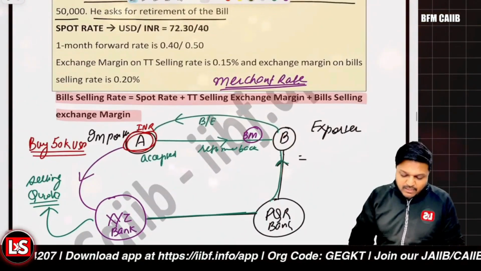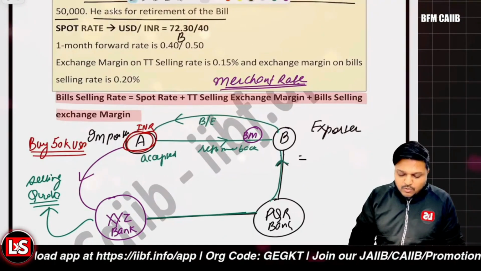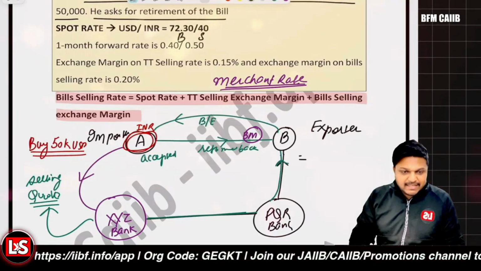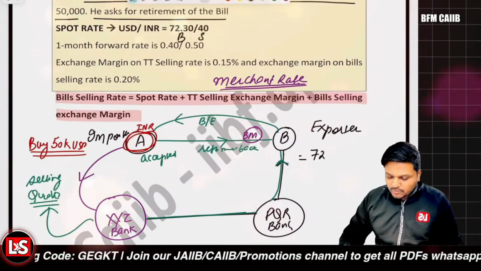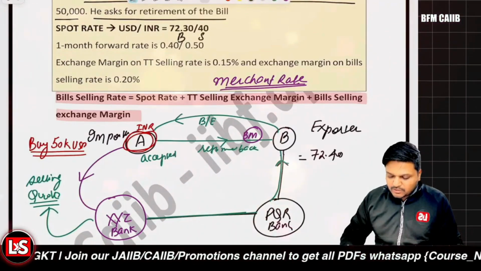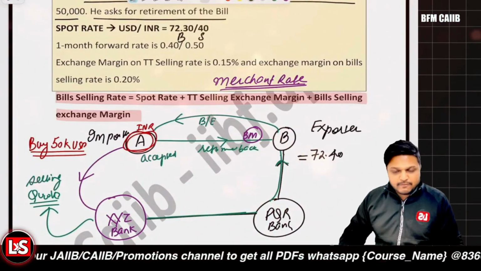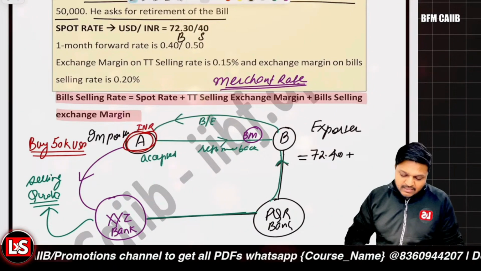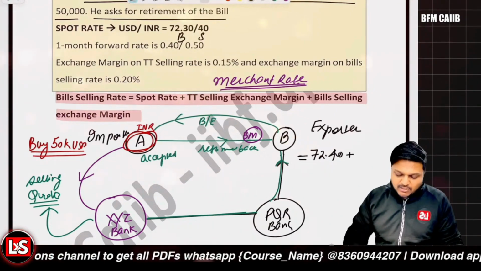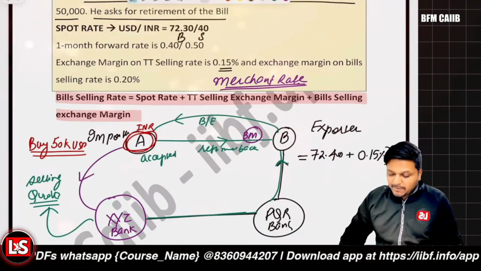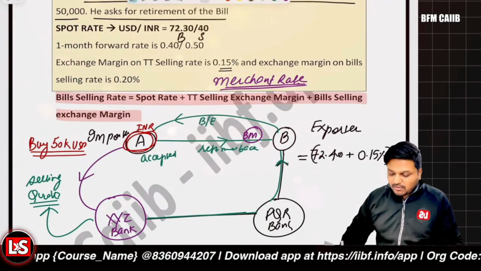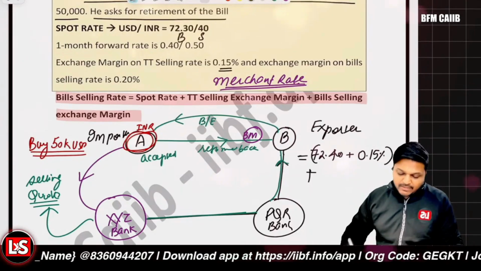Spot rate is given to be 72.30, 72.40. The selling rate is to be considered. So it is 72.40, right? And first of all, the TT selling exchange margin is 0.145%. That is to be calculated. Keep in mind, first of all, you have to solve this bracket plus the other one.